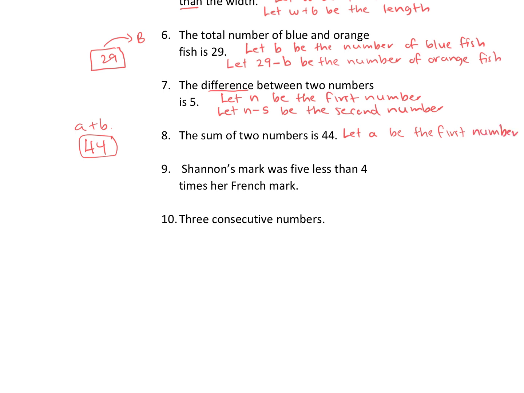And I have to describe the second number in terms of a. So if we removed the first number from 44, we would be left with the second number. So 44 minus a would be the second number, because that's what would be left over.